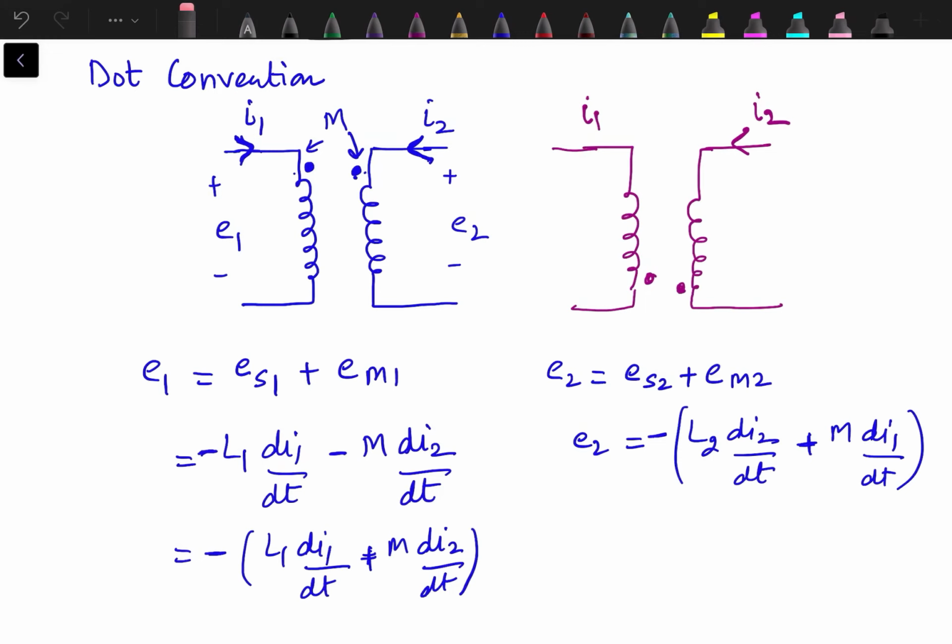The dotted nodes are at the same place over here, but the current's direction is now reversed. I1 is leaving the dotted node, and I2 is also leaving the dotted node. So in this case, we will have the same expressions of induced EMFs.